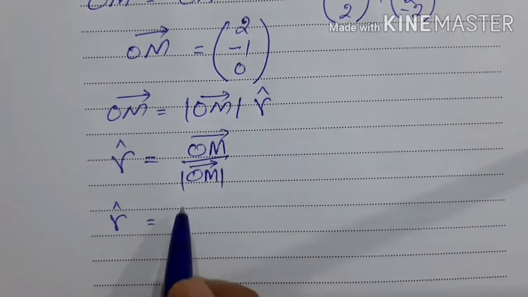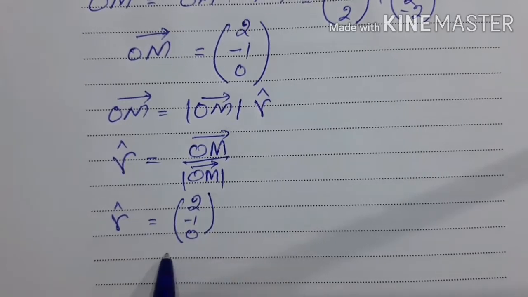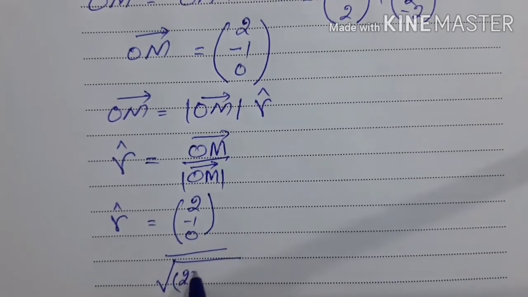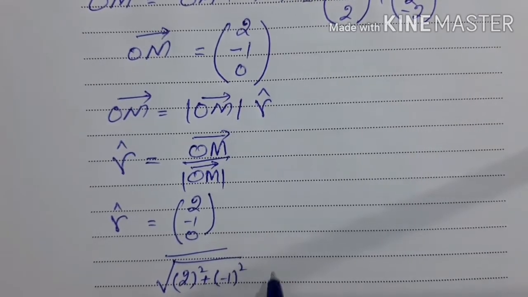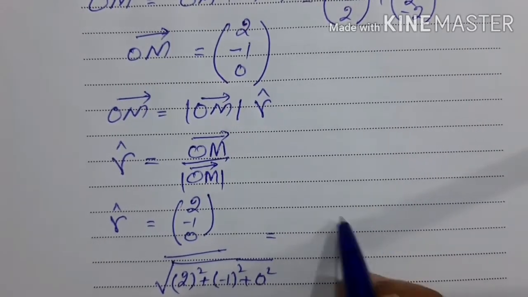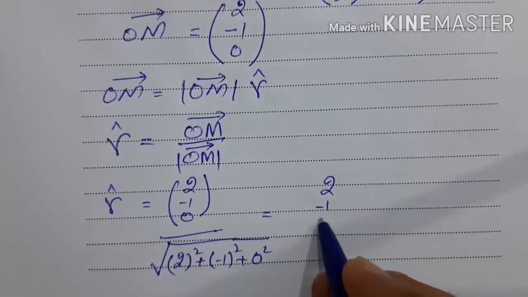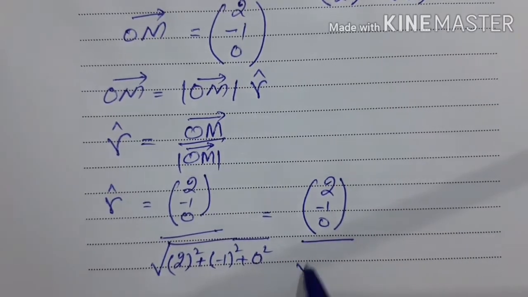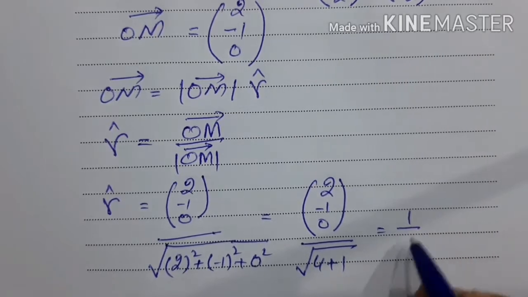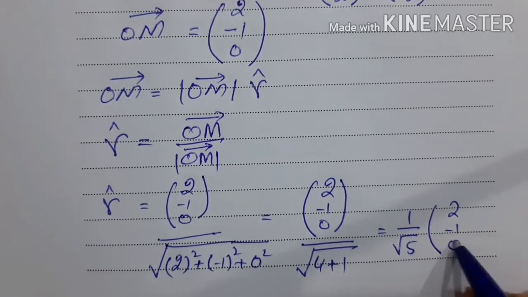OM vector is (2, -1, 0) over the OM magnitude, which is the square root of 2 squared plus minus 1 squared plus 0 squared. That is (2, -1, 0) over the square root of 4 plus 1, which can be written as 1 over root 5 times (2, -1, 0).